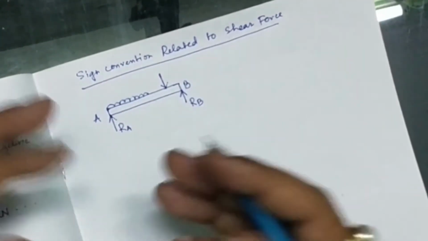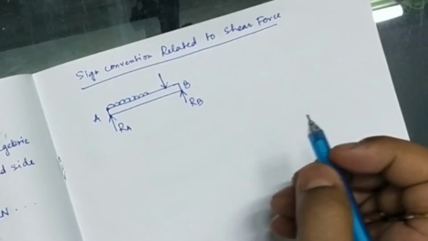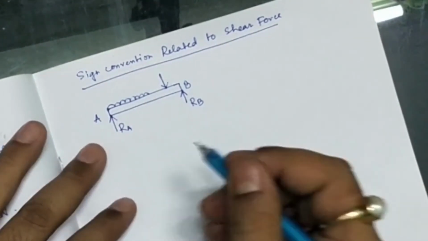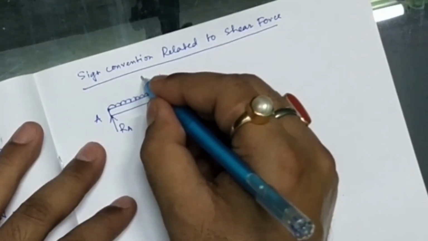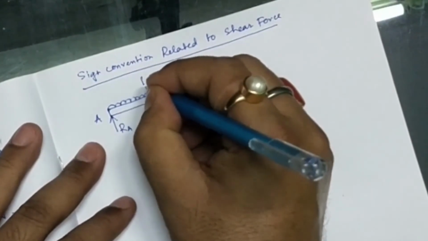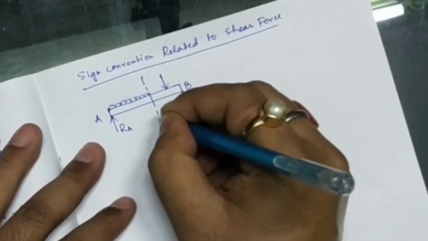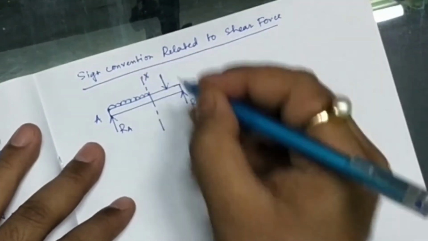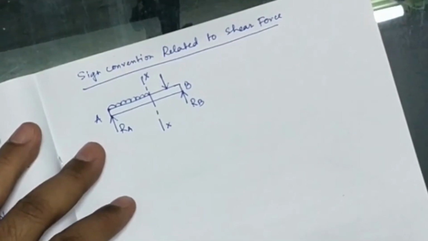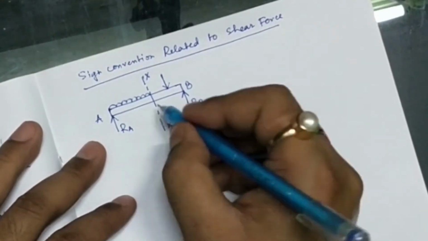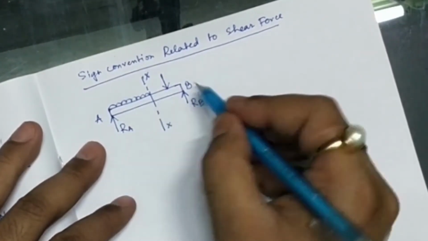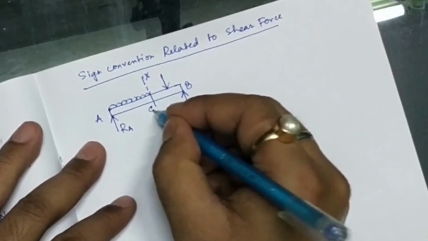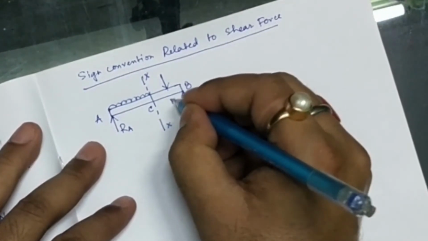Just an arbitrary condition we have taken. Now if we are considering the section at this point, suppose this is the x section that we have considered, let us name this as point C and let us name this as point D.